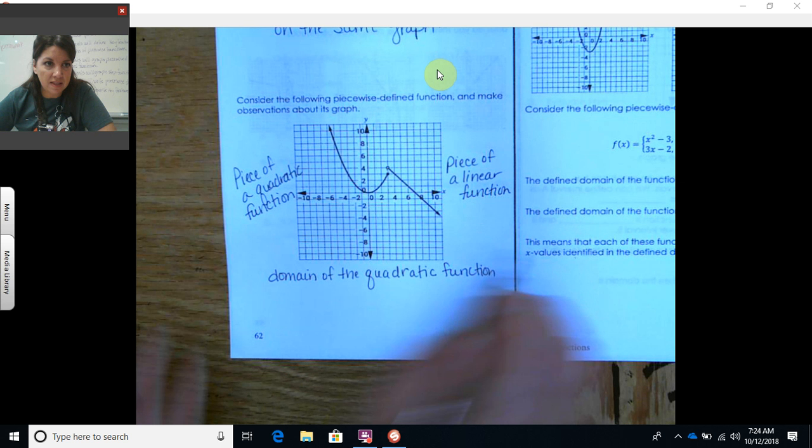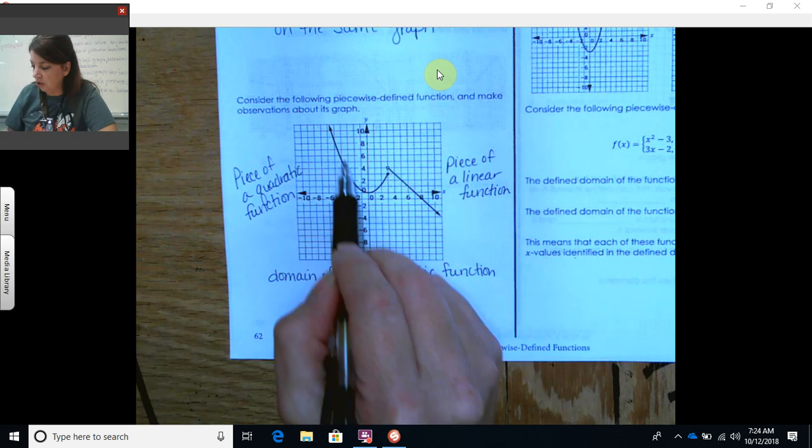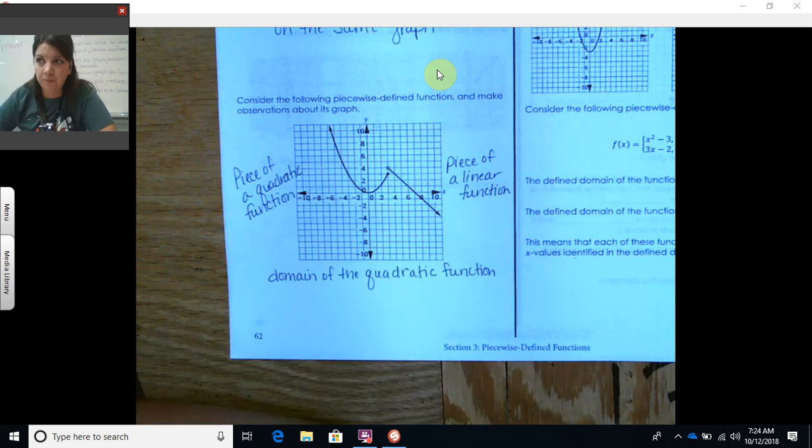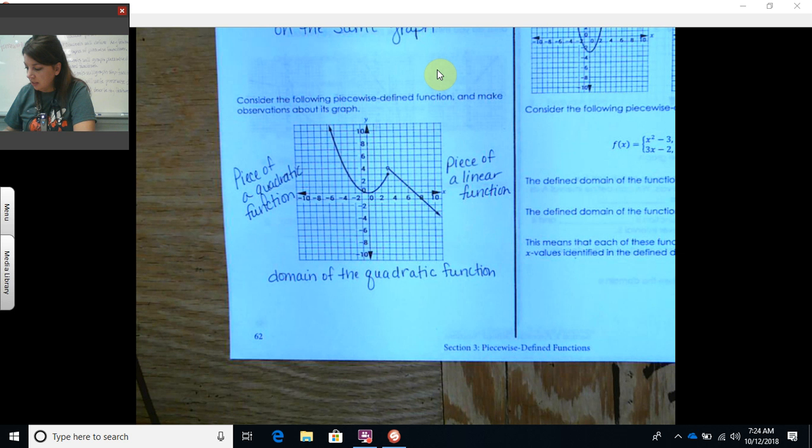So what do you think the domain of the quadratic piece is? The quadratic is that curved piece. Anybody have any ideas? Yes. Negative infinity to positive 3. Do y'all agree with that?